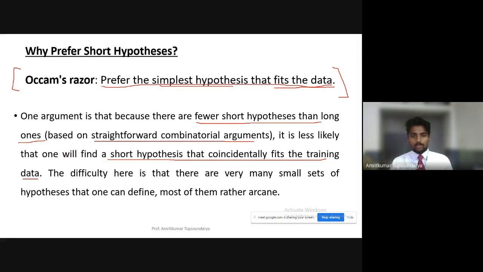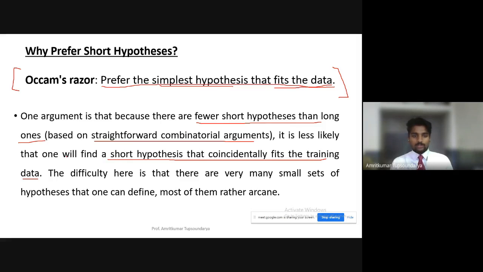So the probability of drawing an apple is very low. The case is similar here. We have a set of hypotheses in which we know there are very few shorter hypotheses, so it is very unlikely that one will find a shorter hypothesis which coincidentally fits the training data. I hope you get the point. That becomes a little difficult here.